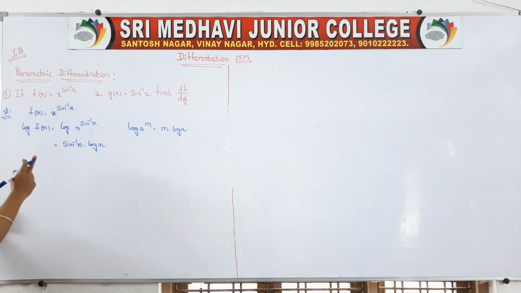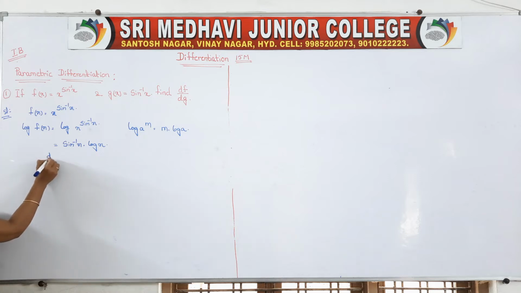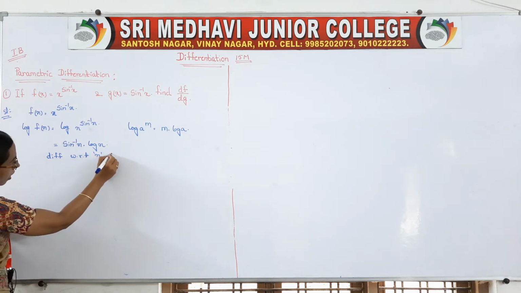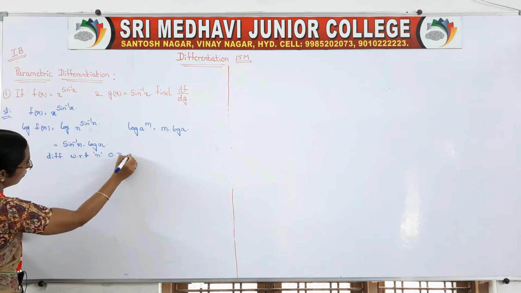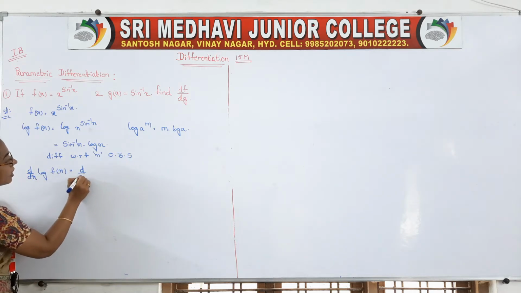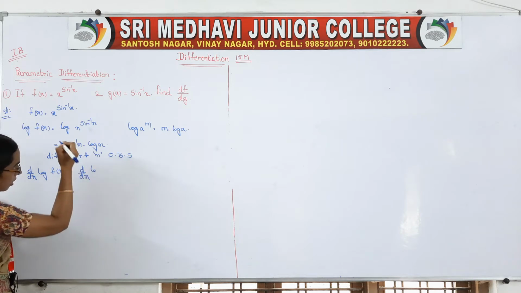Okay, so now you differentiate both sides with respect to x, right? So differentiate with respect to x on both sides. Then what happens? This is d by dx of log of f of x is equal to d by dx of log.